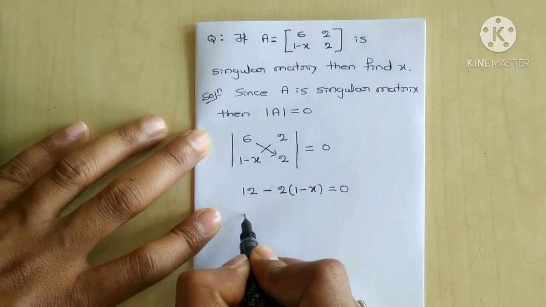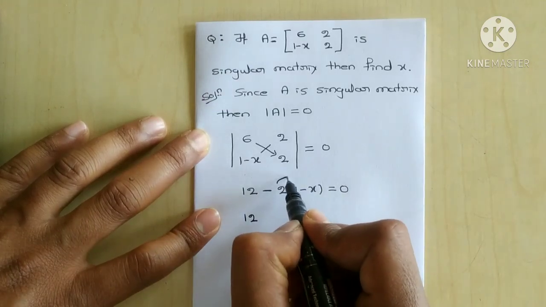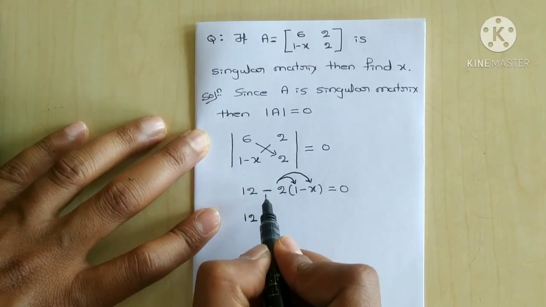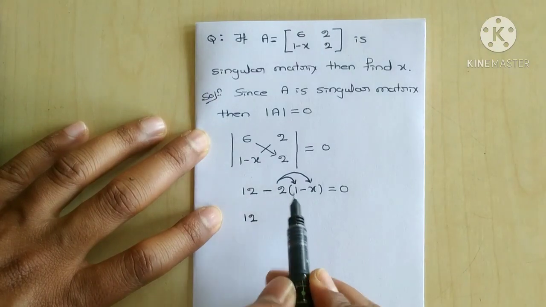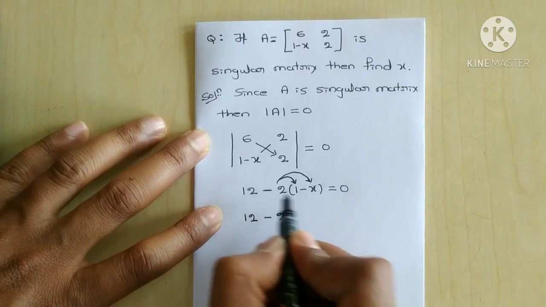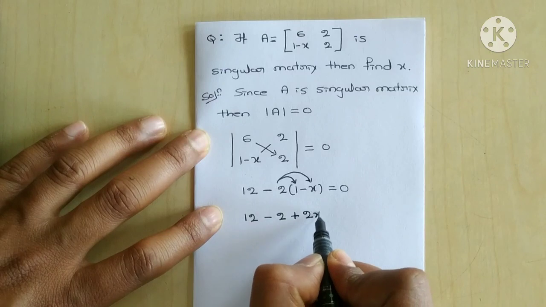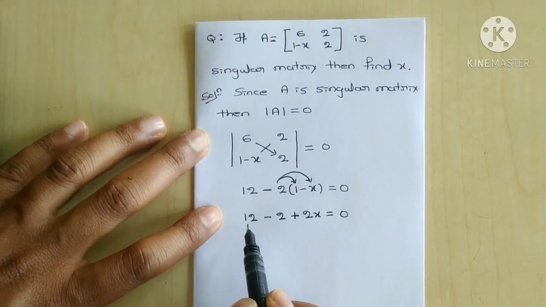Next, 12 I keep as it is. Next, open the bracket. First into first term, first into second, but outside there is a negative sign, so multiply the sign first.